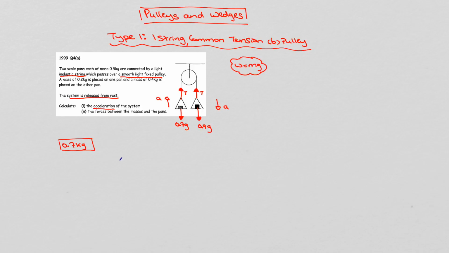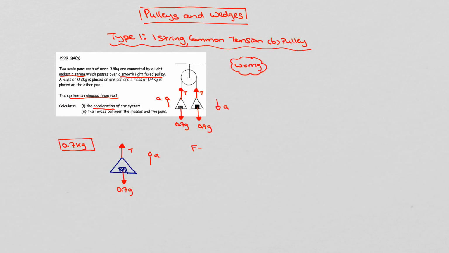If we draw our diagram, we have our scale pan, and we have the mass inside that scale pan. Then we have our tension acting away, and it's going to accelerate up, and the total weight acting down is 0.7 times g.